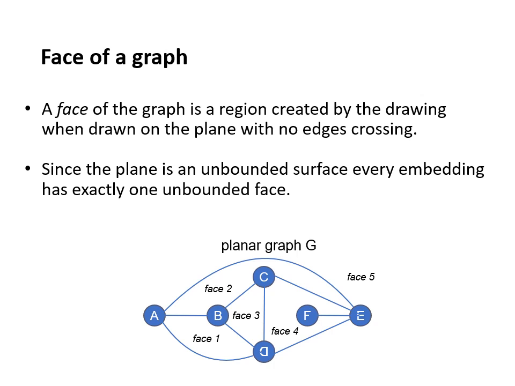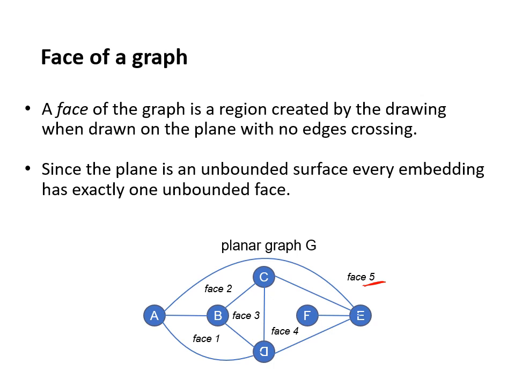Then one more definition. A face of the graph is a region created by the drawing when drawn on the plane with no edges crossing. So since the plane is an unbounded surface, every embedding has exactly one unbounded face. In this example, this unbounded face is face 5. So face 5 is everything outside this graph.